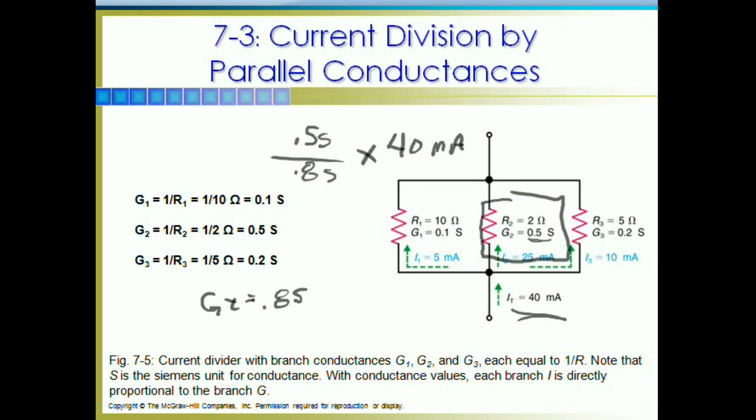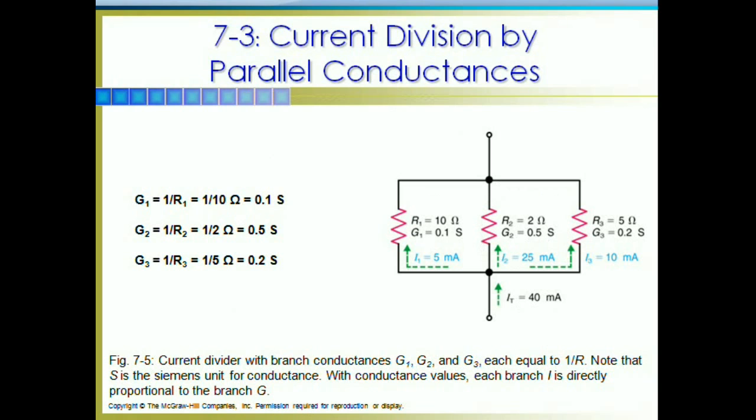So bringing out the calculator again, 0.5 divided by 0.8 times 0.04 equals, that's 25 milliamps. And gee, the math actually works out right there.